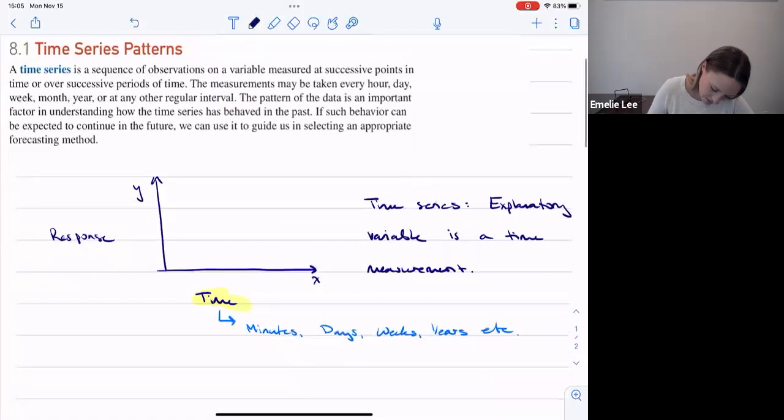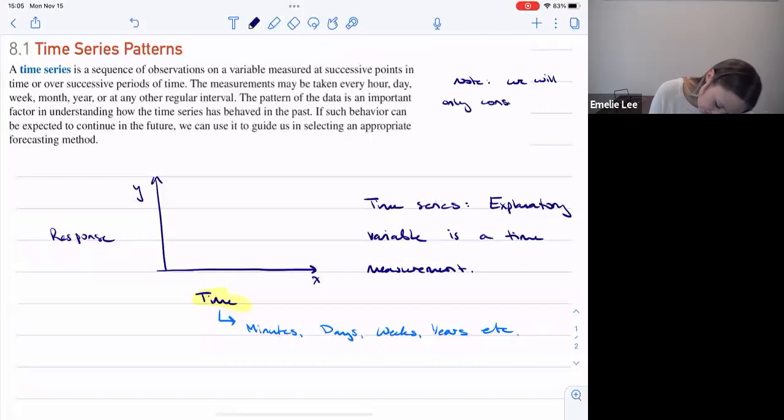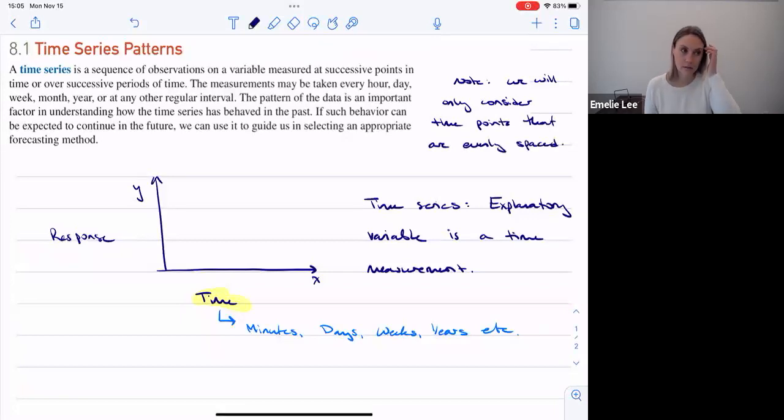Okay, just as a little note here, we will only consider time points that are evenly spaced. There are methods for dealing with unevenly spaced time points, but that's kind of beyond the scope of what we're doing here.